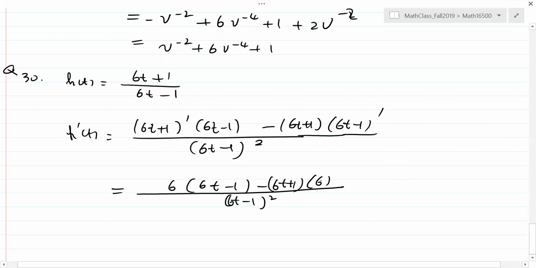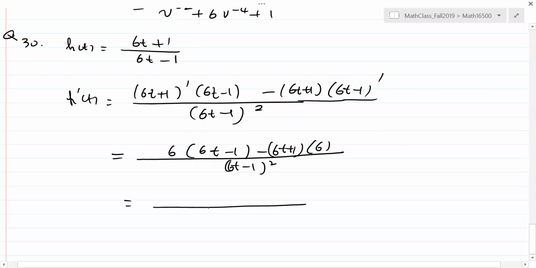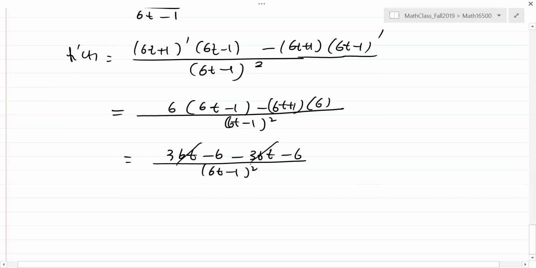Right, so we have to be careful when you simplify it. So you get 36t minus 6 minus 36t minus 6. So 36t is gone. So you got negative 12 over (6t minus 1) squared. I think it's the correct answer.